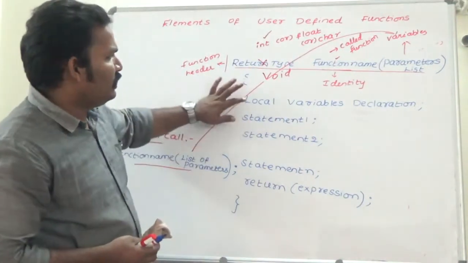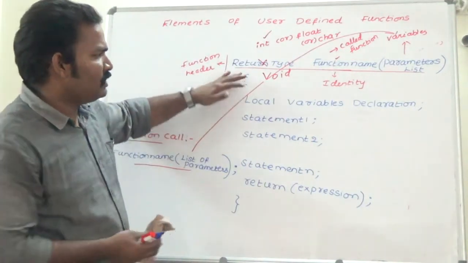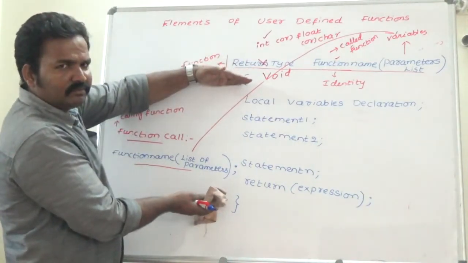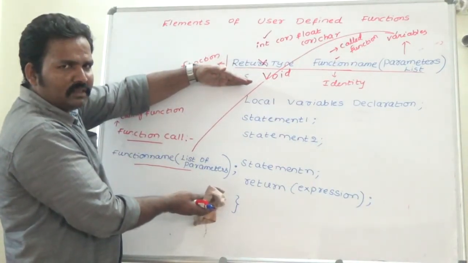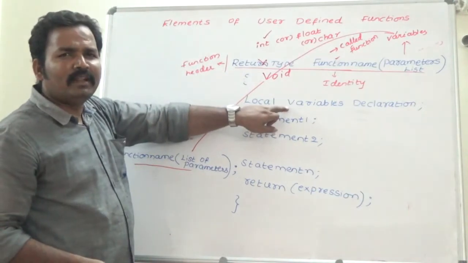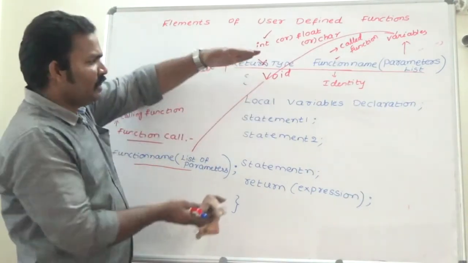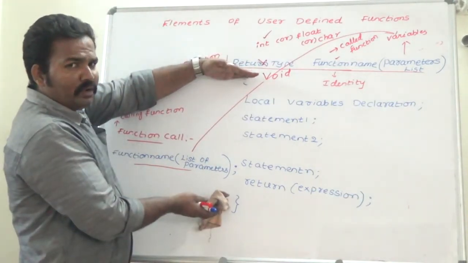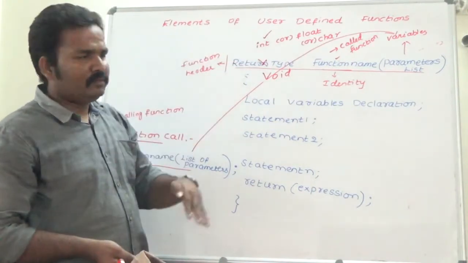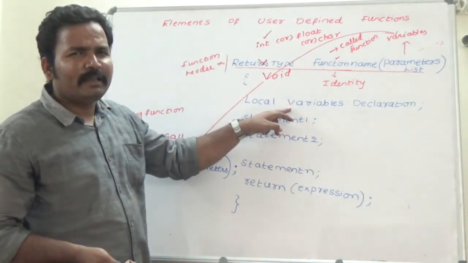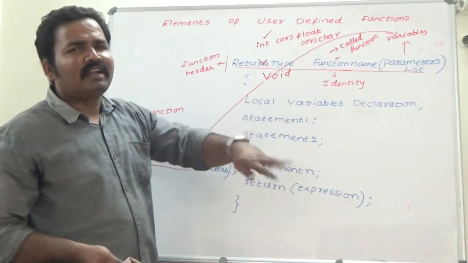Local variables can be accessed only within the function where we declared. The scope of a local variable is limited to the function only where we declared. So we can't access local variables outside that function.